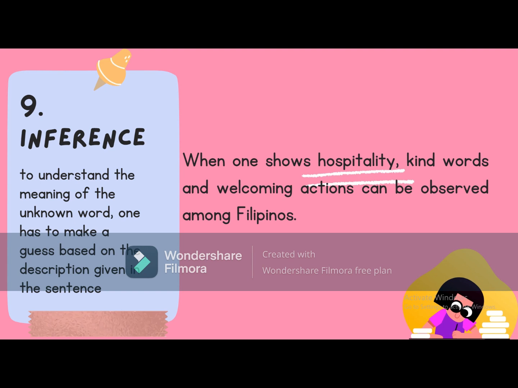Here, the meaning of hospitality is not directly explained or directly stated in the sentence, but rather it uses examples or clues that will help us identify the meaning of hospitality. If we analyze, kind words and welcoming actions, those are examples or those can be equated to the word hospitality.